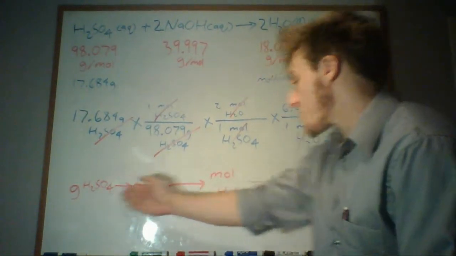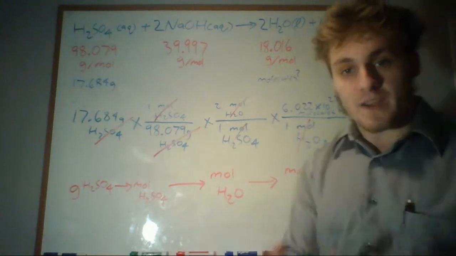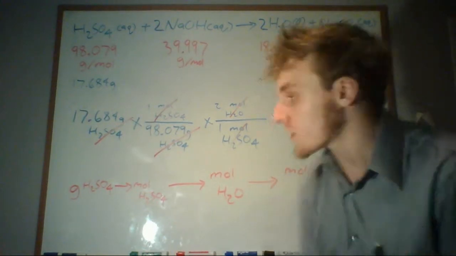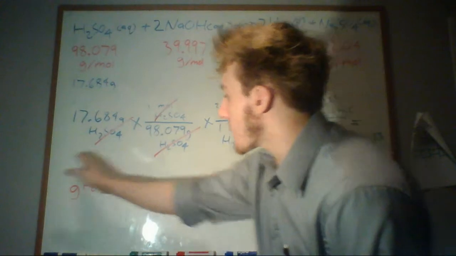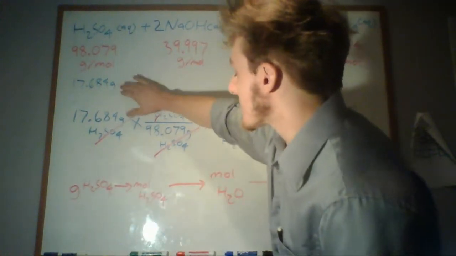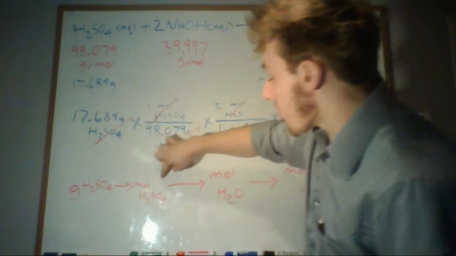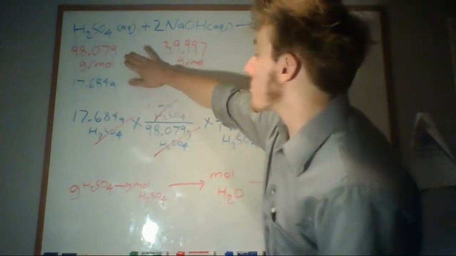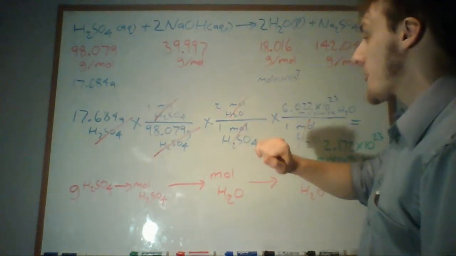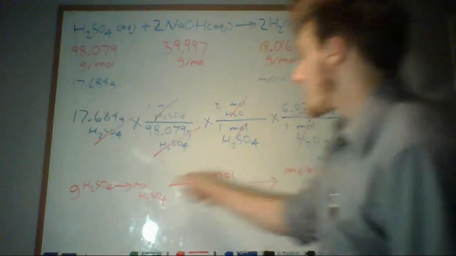So then we came up with this stepwise plan of attack. We're going to start out with our grams of sulfuric acid given to us here, and then we'll convert to moles of sulfuric acid using the molar mass of sulfuric acid. That's what we did here.